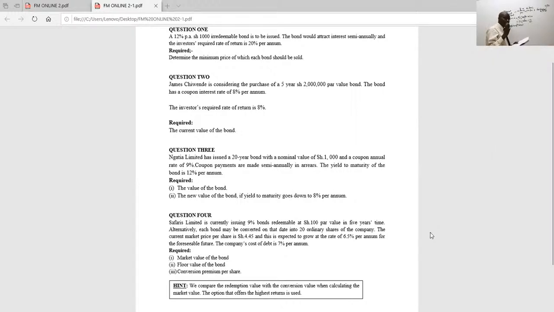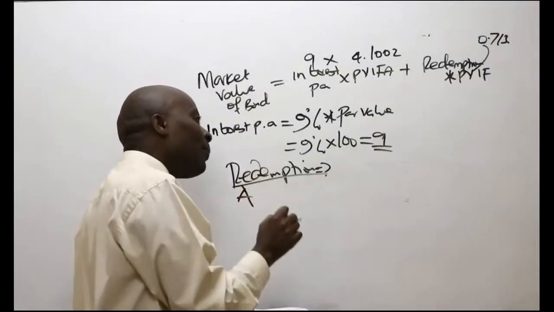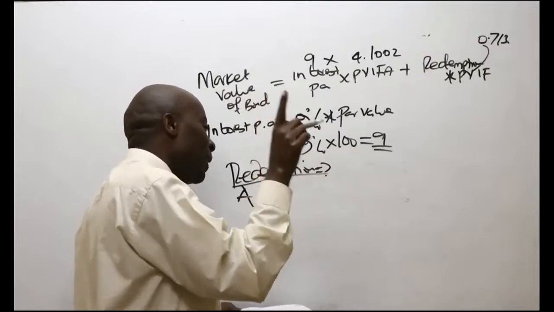So I need to know the market price per share. The current market price per share is 4.45, and this is expected to grow at the rate of 6.5% per annum for the foreseeable future. Remember, I have to get the market price per share at the date of redemption.